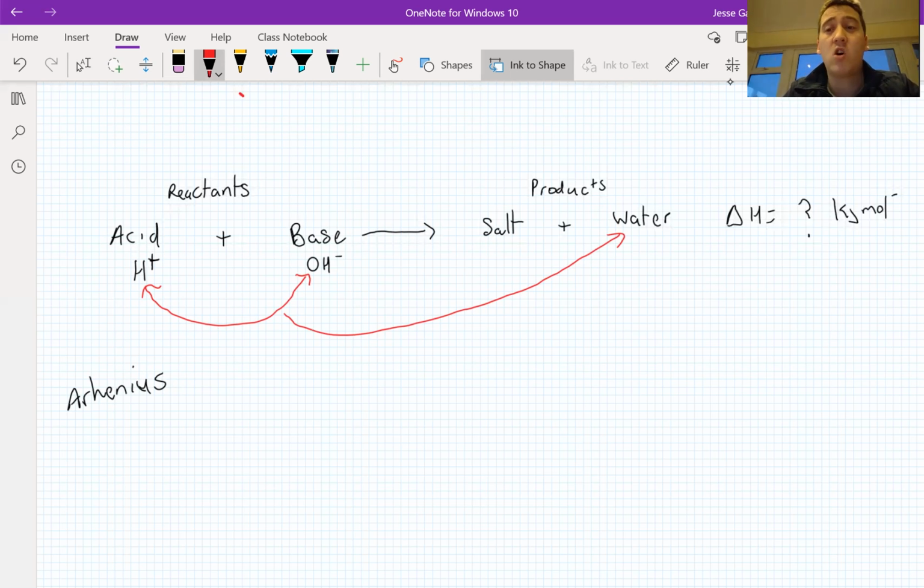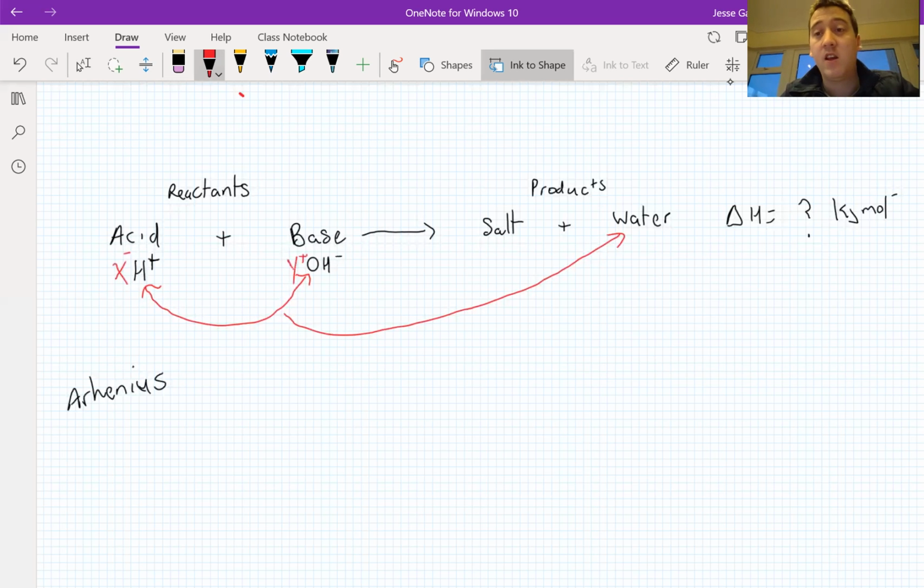What about the salt? Where does that come from? Well, that depends on what else is joined with the H plus and the OH minus. Something is going to be joined with the acid. It's going to be X minus, basically, with H plus. This is an ionic substance, X minus and H plus. And something else is going to be joined with the base. It's usually going to be a metal, a positive cation, so we'll call it Y plus.